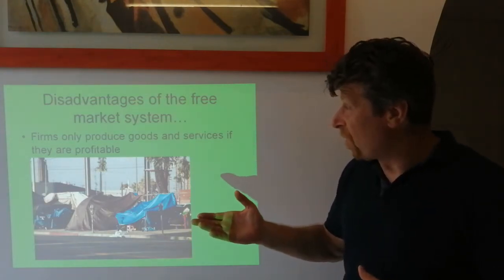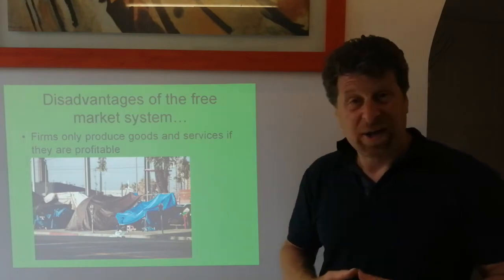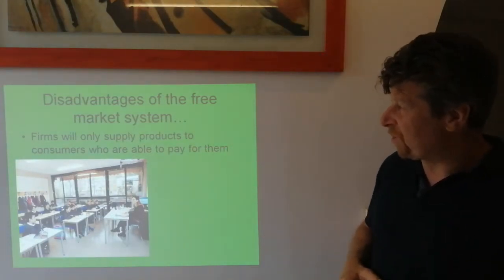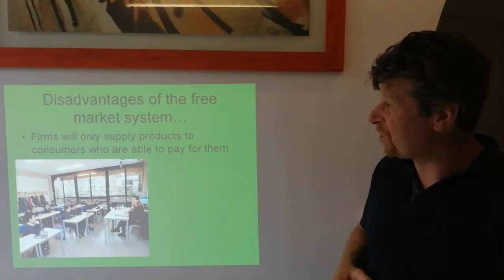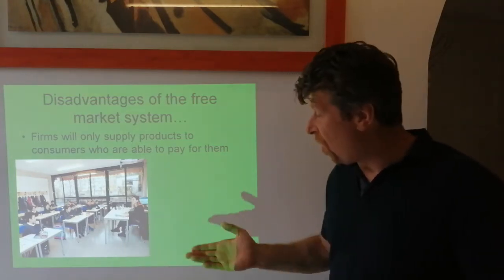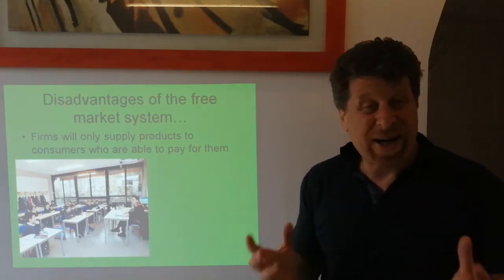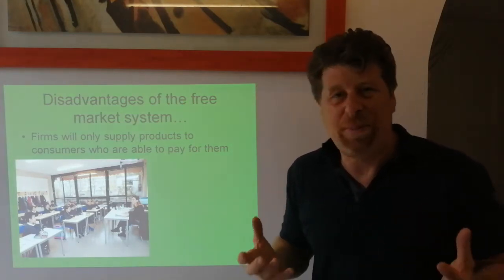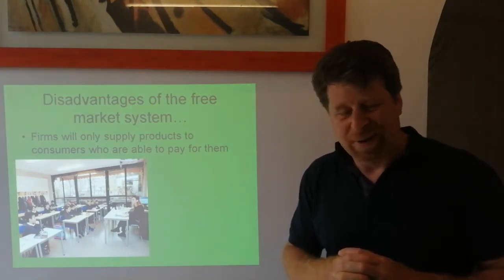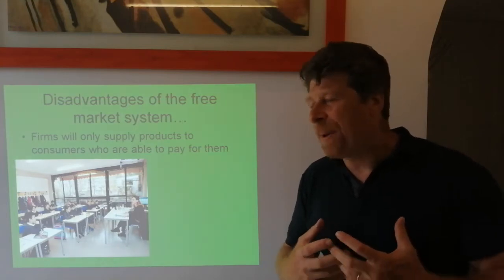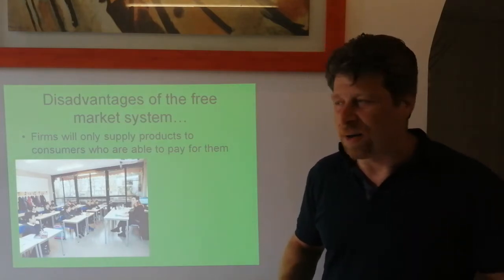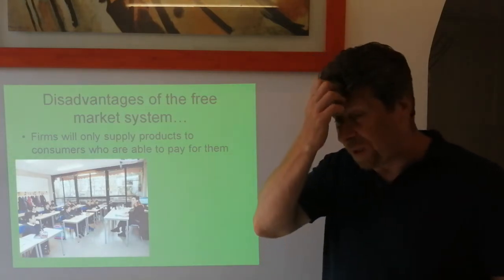That is a problem also with essential services. Firms will only supply products to consumers who are able to pay for them. So it's similar, for example, with a school or a hospital. And we can't have a social pact. You can't keep society together, keep people reasonably happy and peaceful, if they're not educated because they can't work, or if there's no health service, because people will die.